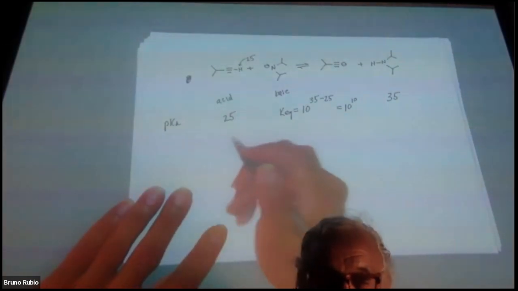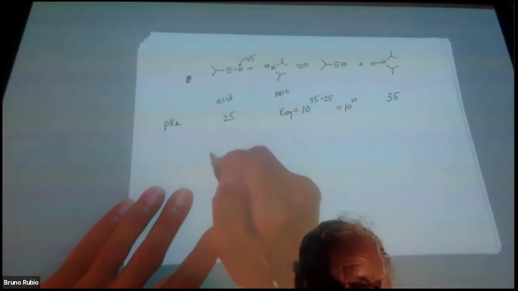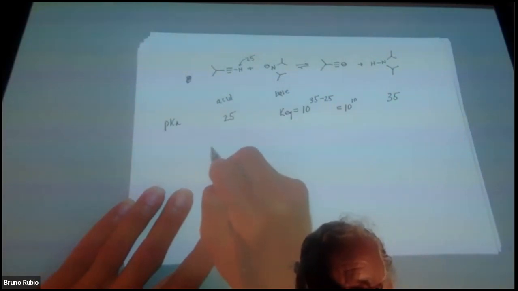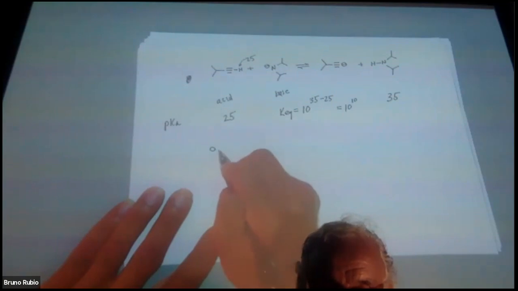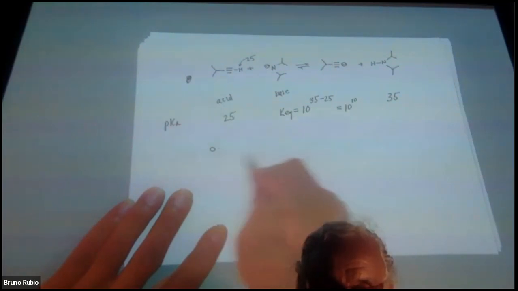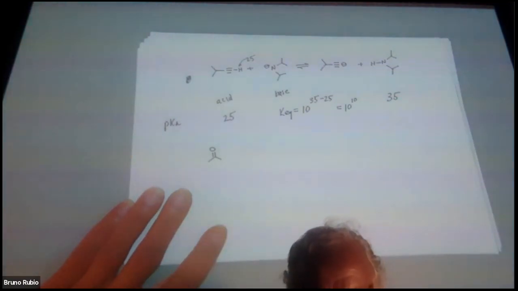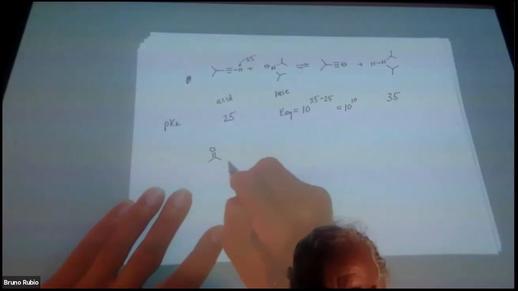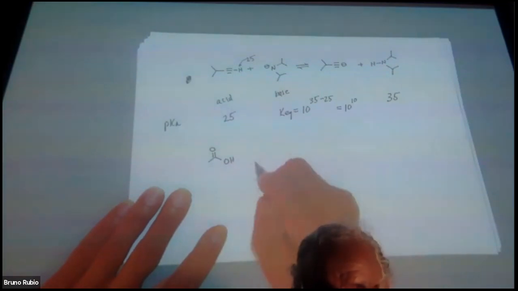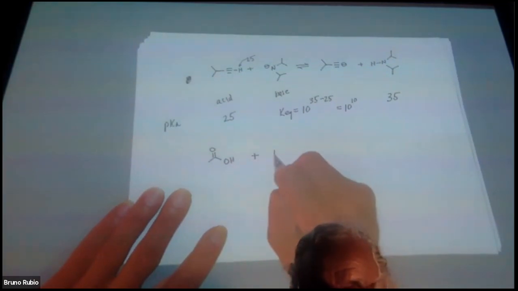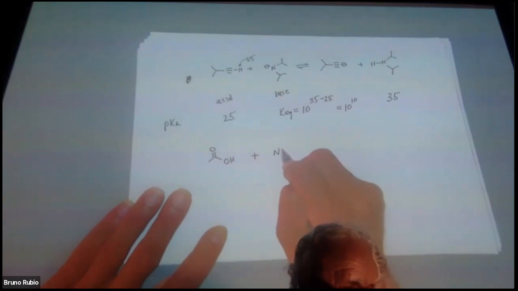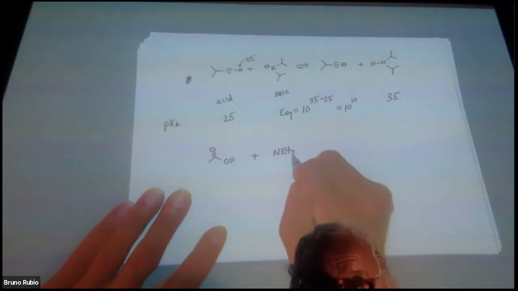So we could have something like a carboxylic acid, and now going to react that with an amine. So something like triethylamine.